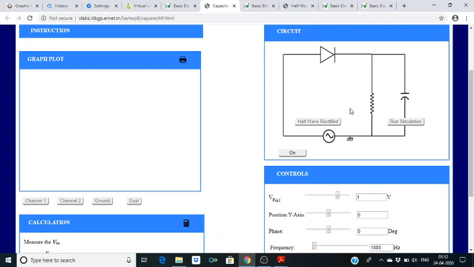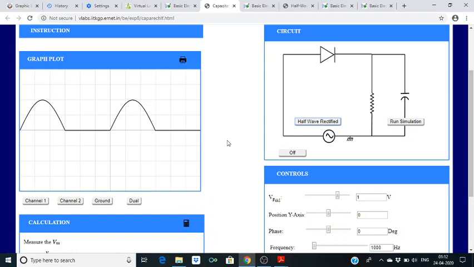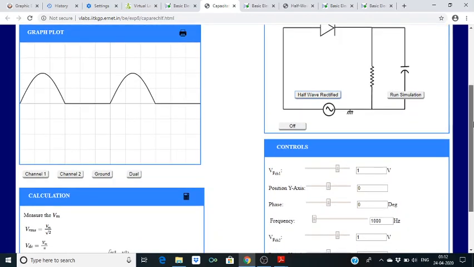So what you will do, you will first switch on the circuit. Then we can see the display on the oscilloscope. First of all we will check the half wave rectified input. So we will click on this and we can see that it will appear like this.